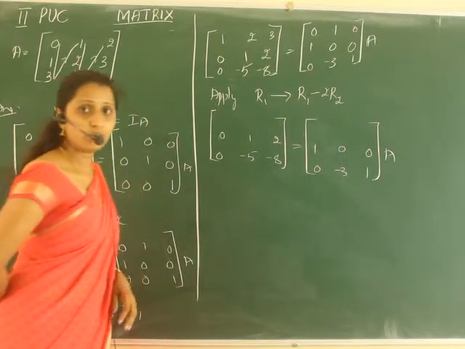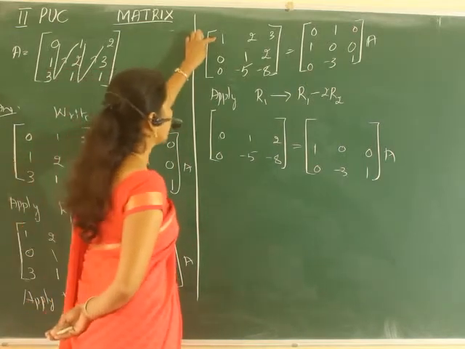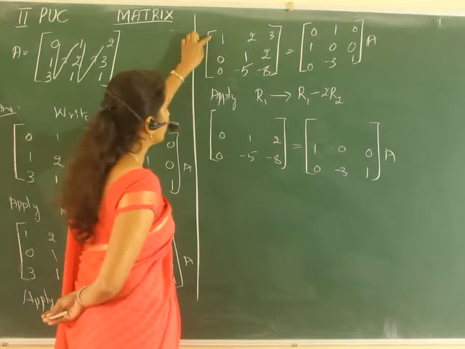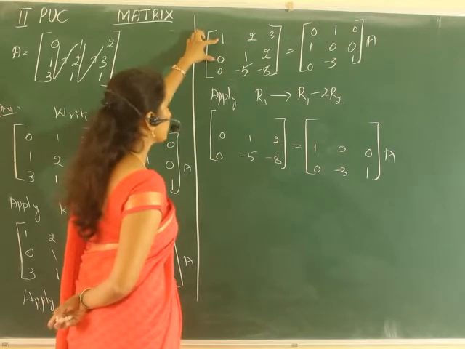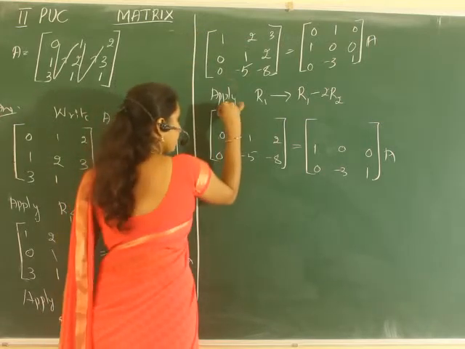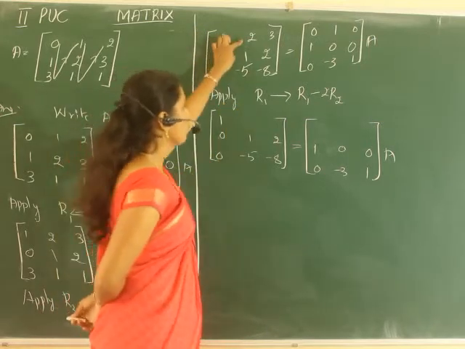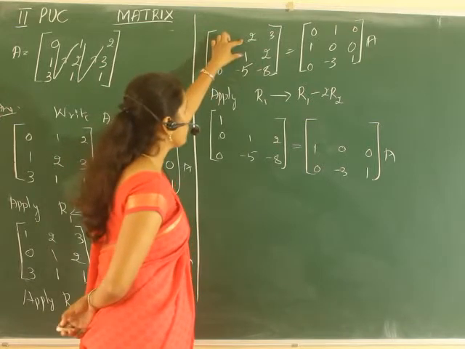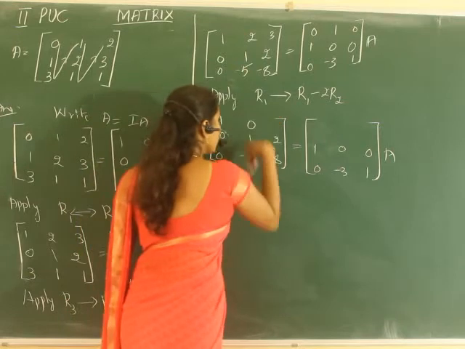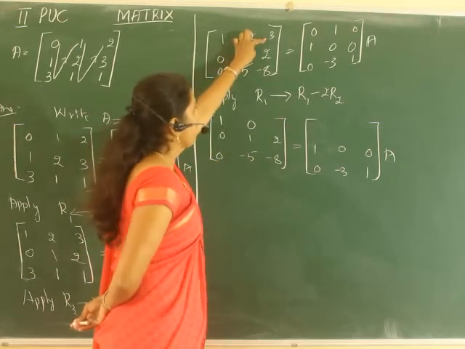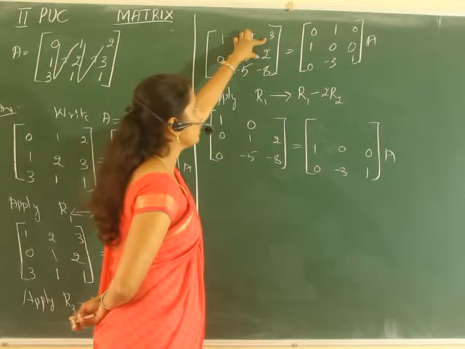So R1, how it changes? R1 minus 2 into R2. So R1 is 1. 1 minus 2 into 0 is 1 only. Next, 2 minus 2 into 1 is 0. Then 3 minus 2 into 2. 2 into 2 is 4.